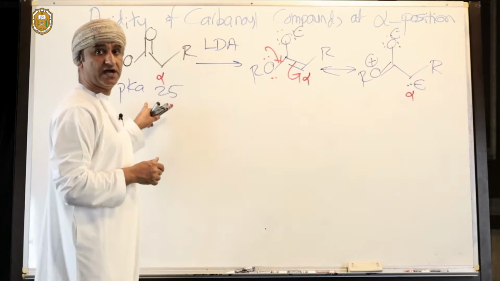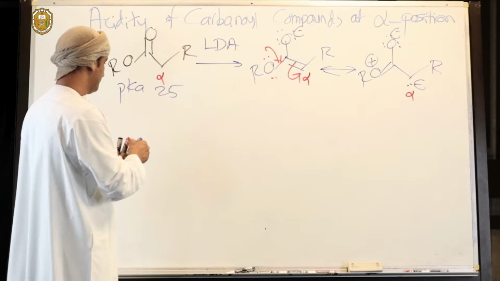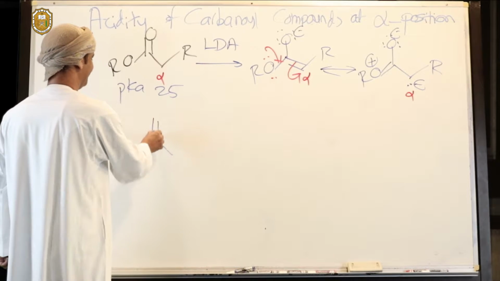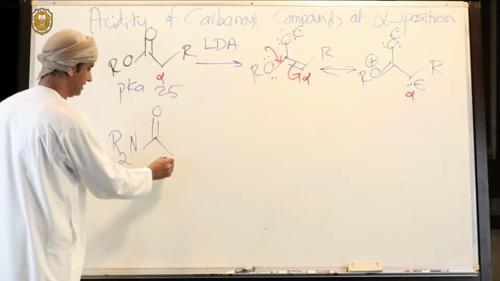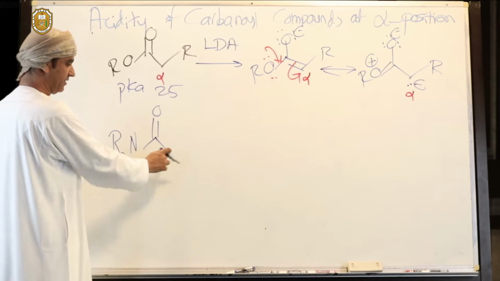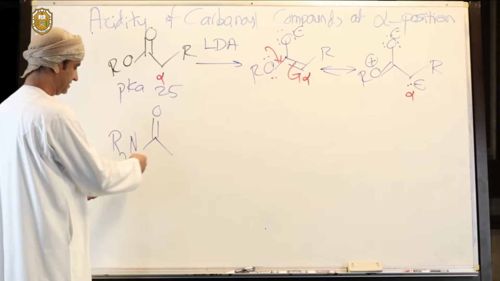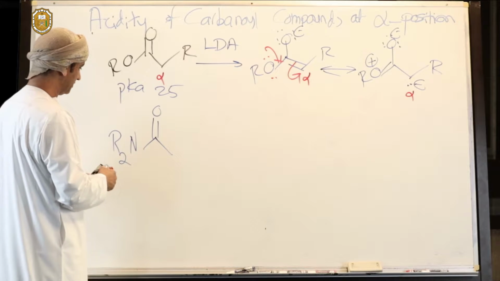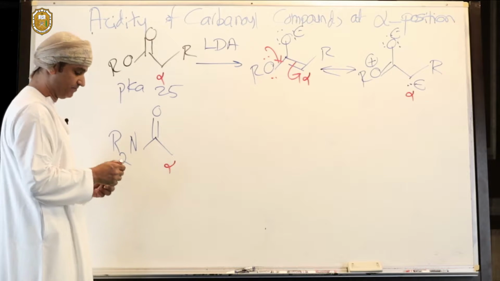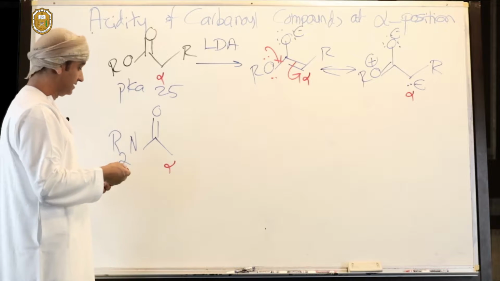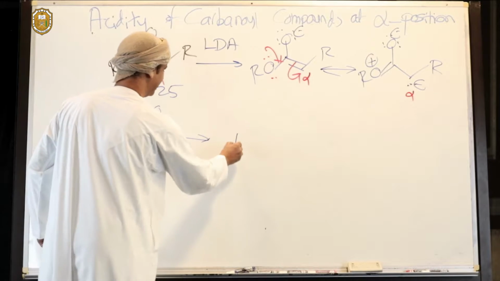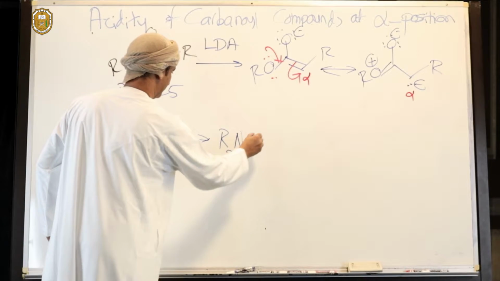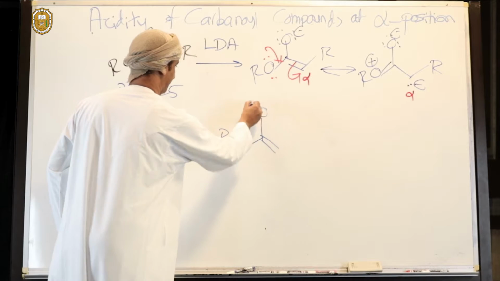The pKa here is 25. Again, if we draw the structure of amides, this is amides, NR2. Now this is a very simple amide where there is only CH3 here. We can draw R if we wish. This is the alpha position. Now if amides are deprotonated, we get the corresponding enolate, which is this one here.